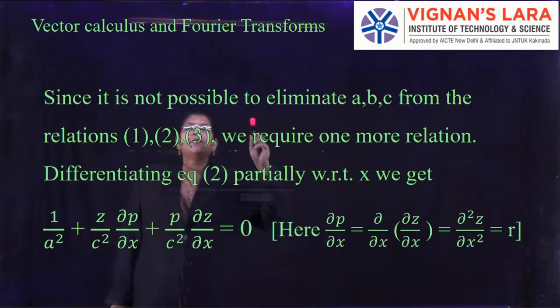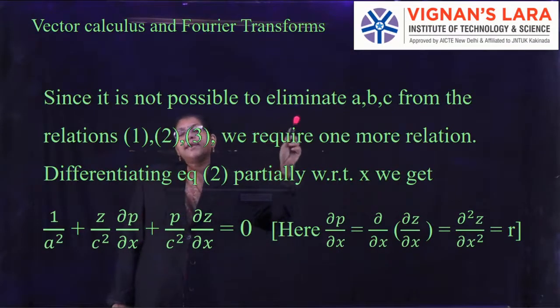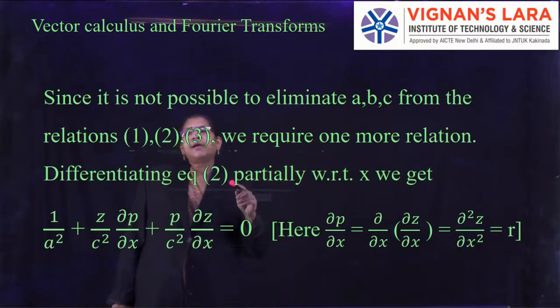Since it is not possible to eliminate a, b, c from the relations 1, 2, 3, what do you mean by this? We have to eliminate 3 arbitrary constants a, b, c.